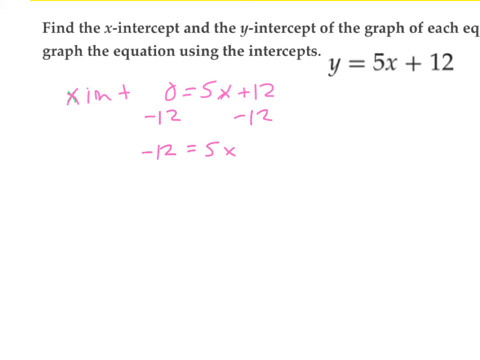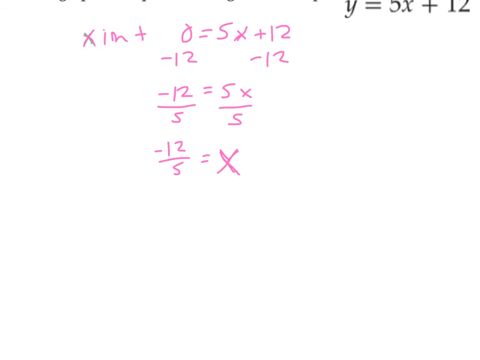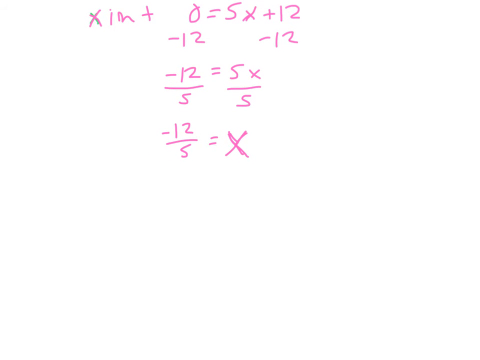What do we do next? Divide by 5. So negative 12 over 5 is equal to x. So our graph is going to cross the x-axis at negative 12 over 5.